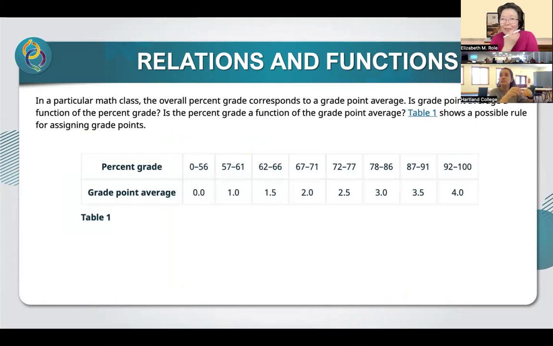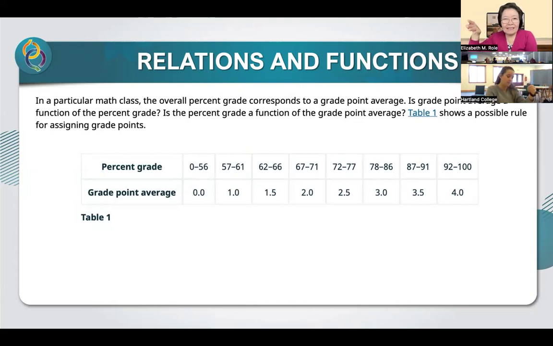So let's have an example to understand what we mean by function. Not only in a class of math, but in other classes, you know that the grading system is done such that a certain percentage is associated with a specific GPA.